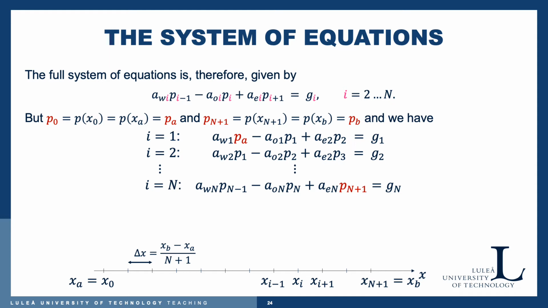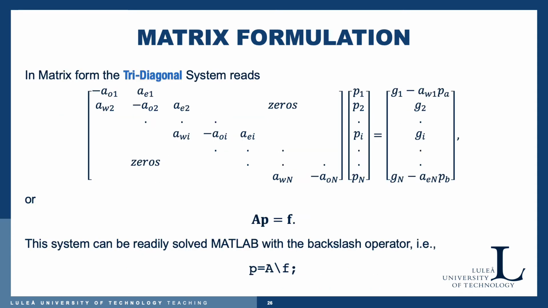There we have the other boundary condition at x_b, where we have x_{n+1}. Both of these need to be moved into the right hand side of the equation, and this is actually a determining system which can be formulated in matrix form as a tri-diagonal system.